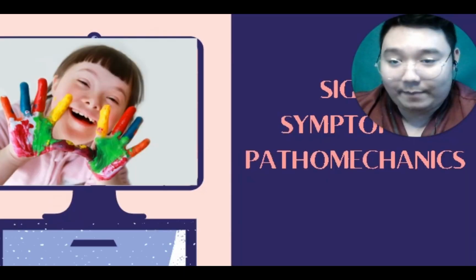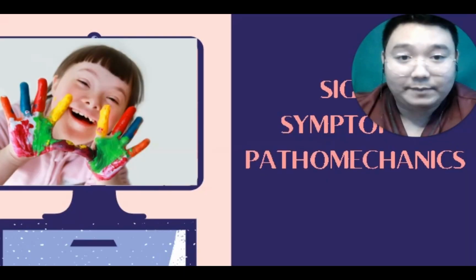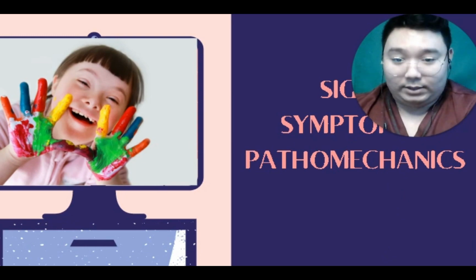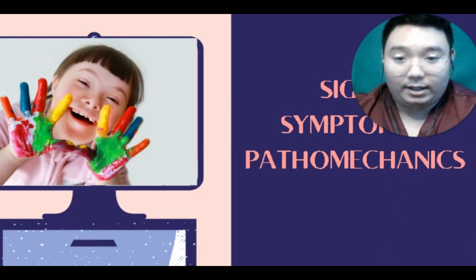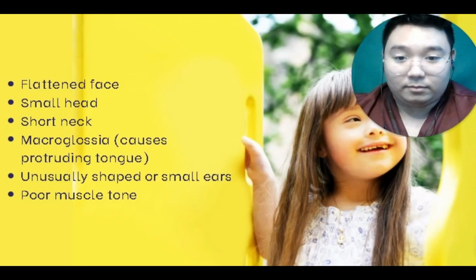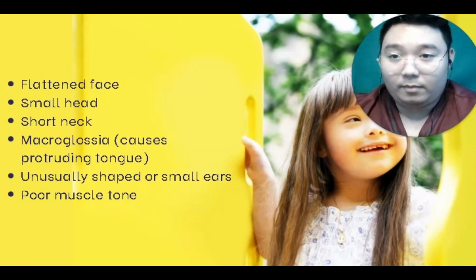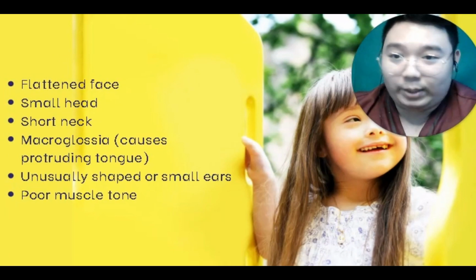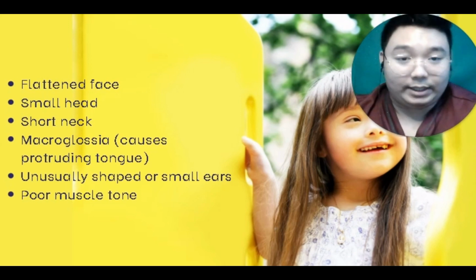Now let's talk about the signs, symptoms, and pathomechanics. For the signs and symptoms, they usually have a flattened face, small head, short neck, and macroglossia, which causes a protruding tongue.